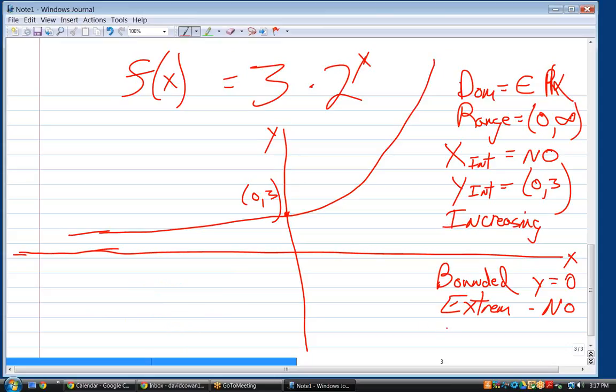Asymptotes. There's a horizontal asymptote, y equals 0. Notice that the definition of horizontal asymptote is what does the function approach as x goes to negative or positive infinity? Well, as x goes to negative infinity, f of x approaches 0. That's the definition of asymptote.